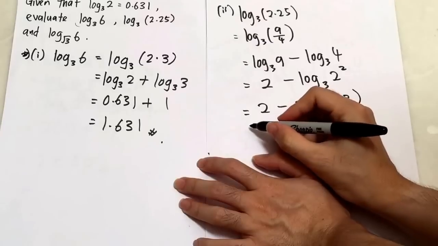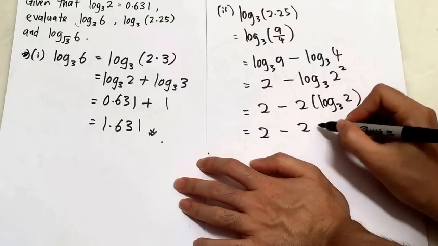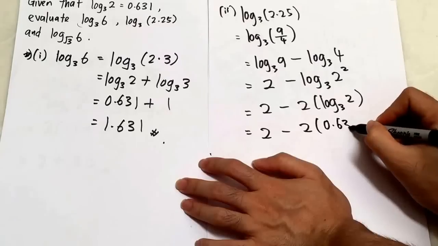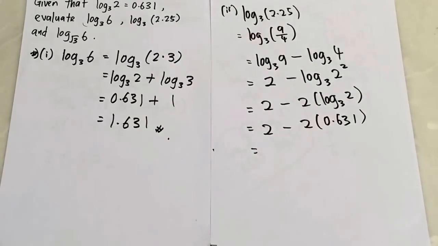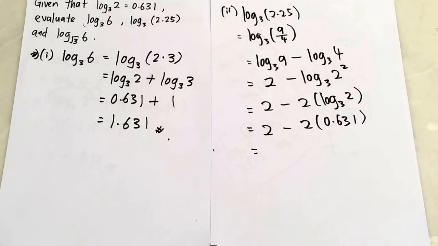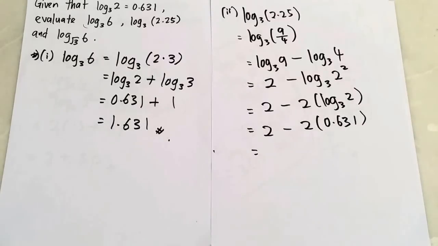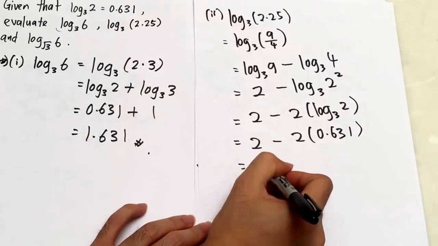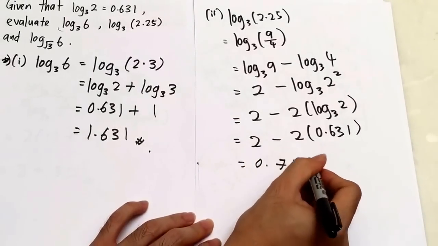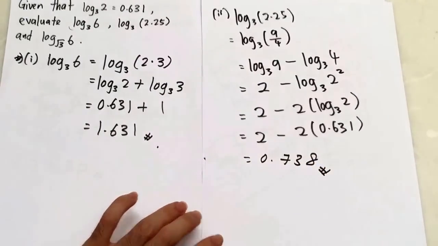And I know log base 3 of 2 is equal to 0.631. Then you just use the calculator to solve this one. You should be able to get the answer easily. This is 2 minus 2 multiple 0.631. I guess you'll get the answer 0.738.